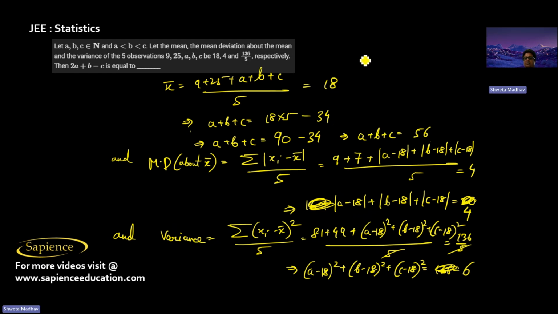Eighteen 3 is 54. Now from here, if I subtract 18 from all of them, a minus 18 plus b minus 18 plus c minus 18 will be equal to 2, because 56 minus 54 is 2.